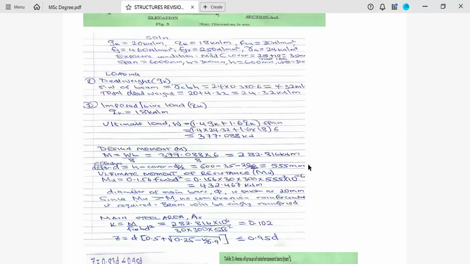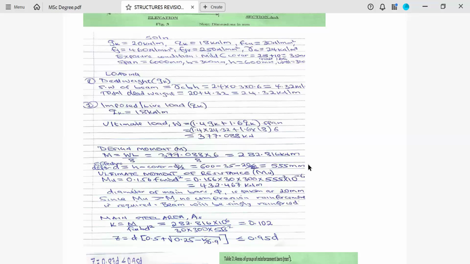Then we have the ultimate moment of resistance, MU. Ultimate here means the capacity of our beam. What can it carry? Which amount of moment can this beam carry without collapsing? That's what we call the ultimate moment of resistance. It's normally given by 0.156 FCU, strength of concrete, times B times D squared.